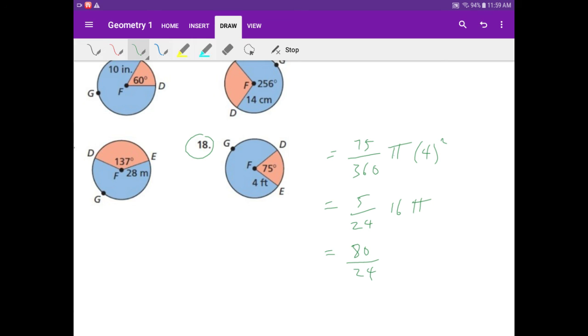Let me make sure I did that right. 16 times 5, yeah, it's 80 divided by 24. This is going to reduce to 10 over 3, or 3.3 continuous. So, yeah, there's your solutions. This is sector area.